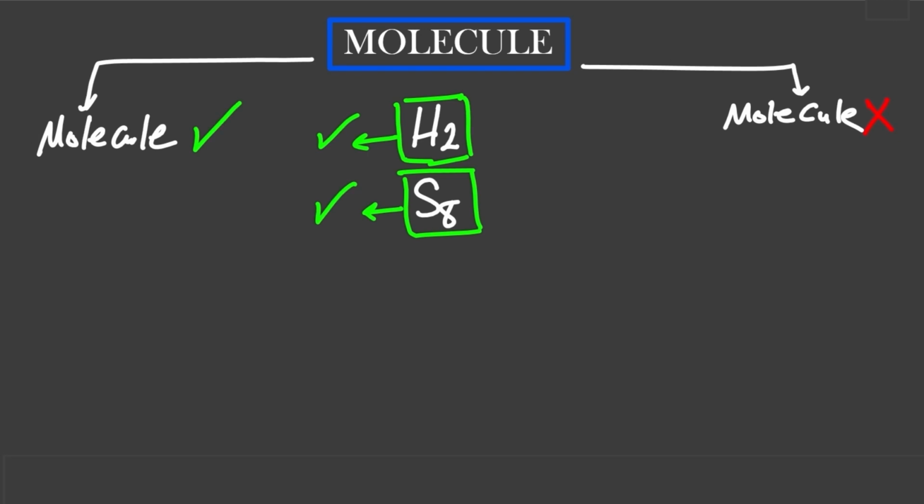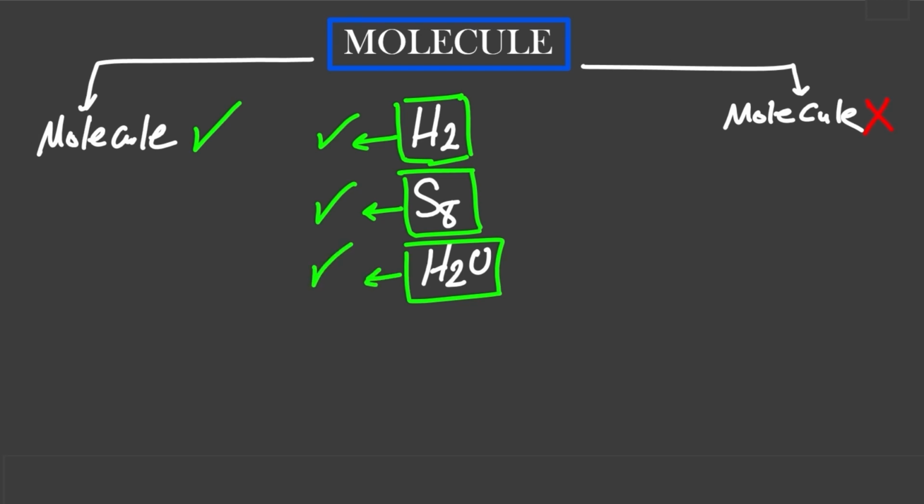And a group of 8 sulfur atoms forming a sulfur element is also a molecule. Remember we talked about compounds? They were made up of different types of atoms. And we also said that the atoms in a molecule are either of the same types of elements or different types, right? So the compound of water, which is made up of different types of atoms, is also a molecule.